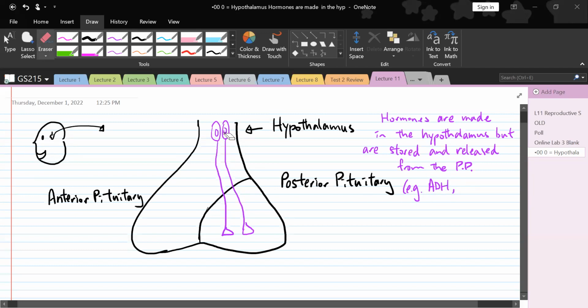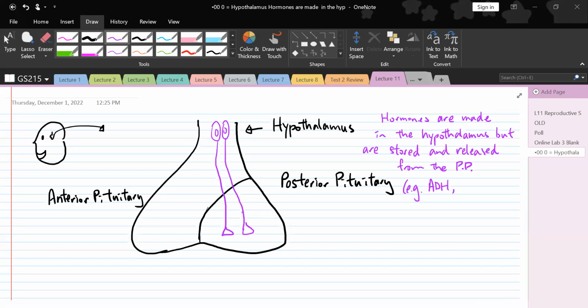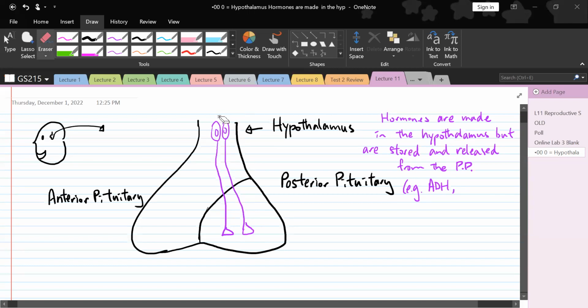You make the ADH in the hypothalamus, and it is transported to the posterior pituitary gland and released when your blood osmolarity goes up. When you're dehydrated, the blood concentration goes up, which causes the cells in the hypothalamus to shrink. That in turn sends a signal down the axon and causes the ADH to be released from the posterior pituitary gland.